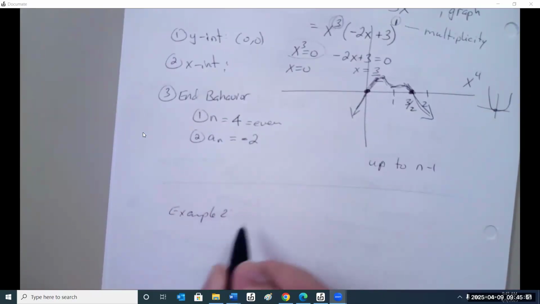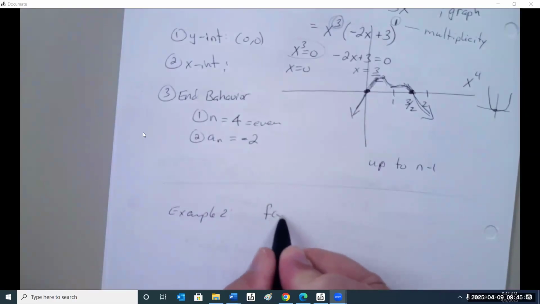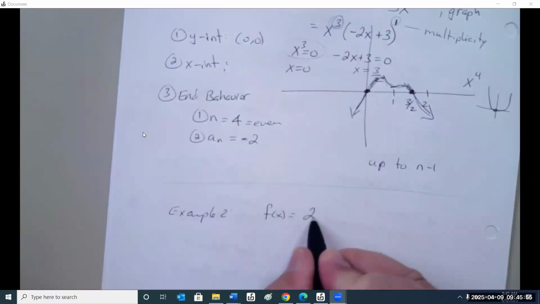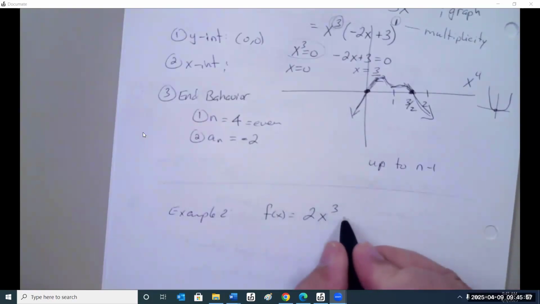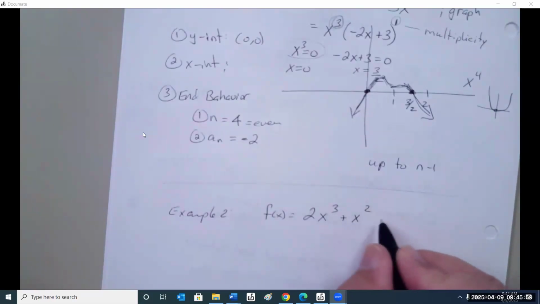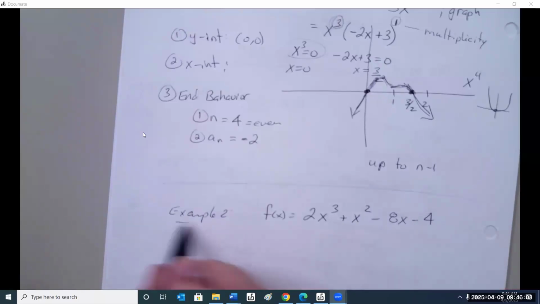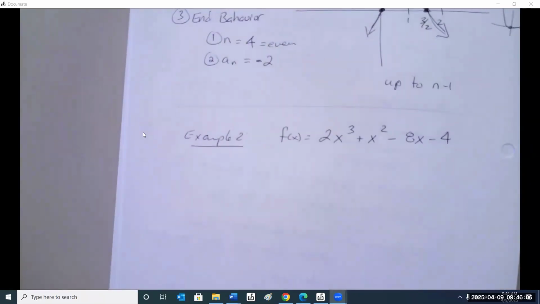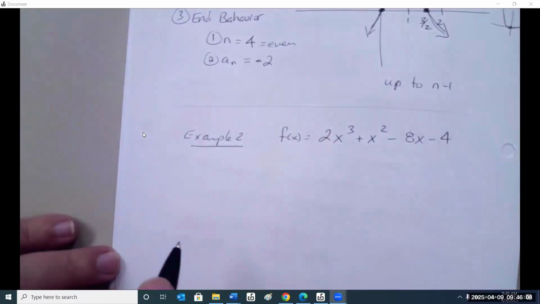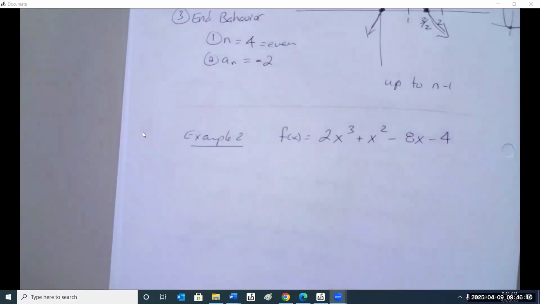Example 2. F of x is equal to 2x cubed plus x squared minus 8x minus 4. Up until now, we've learned how to factor linear equations and quadratic equations.